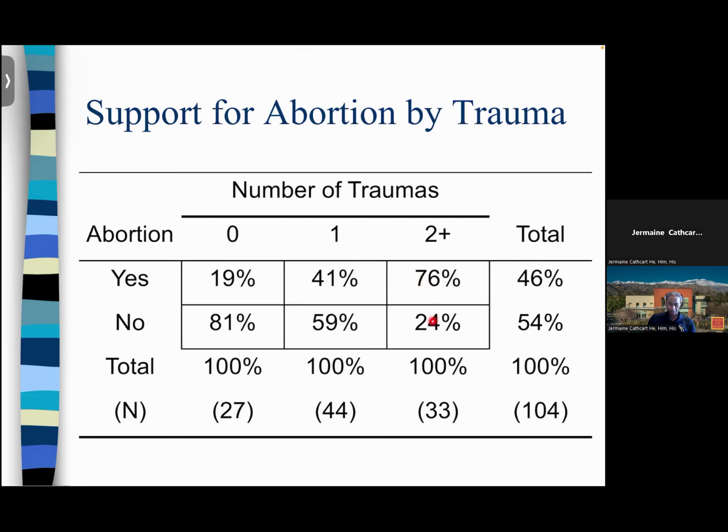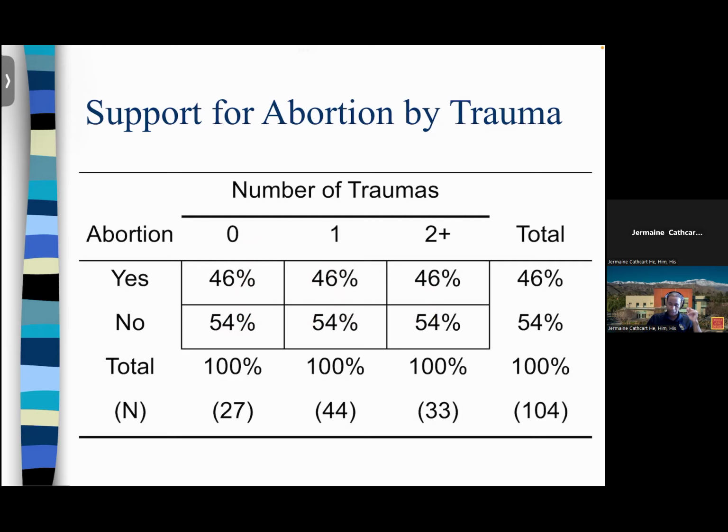And it's clearly the opposite on the other side. So if you have zero traumas, your support for abortion is very low. Basically, as you can see, there's a clear relationship between traumas, the more traumas you experience, and whether or not you support abortion, yes or no.